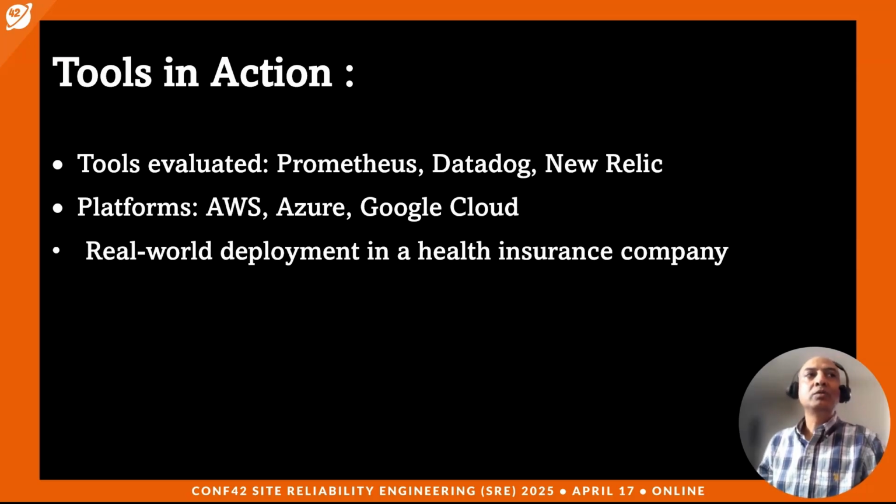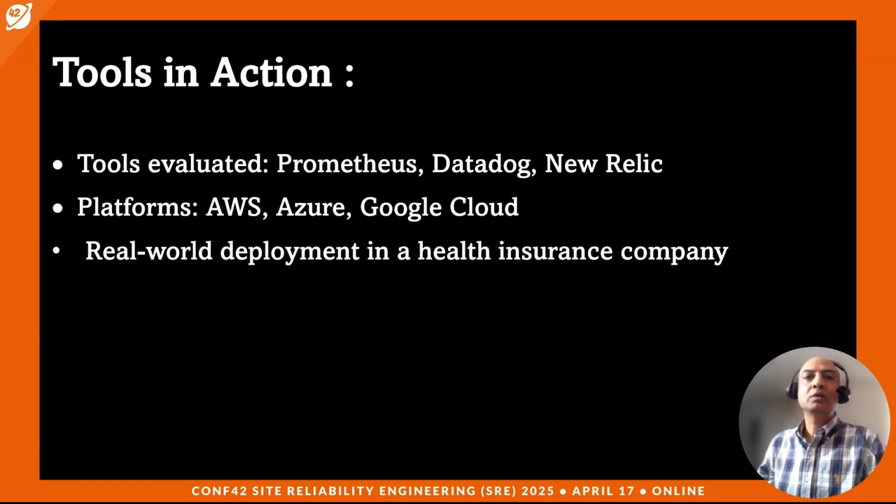So, what are the tools in action? Let's look at the tools that bring monitoring to life in real-world environments. I have evaluated three popular monitoring tools. Number one is Prometheus, an open source metric-based monitoring tool great for containerized environments like Kubernetes.